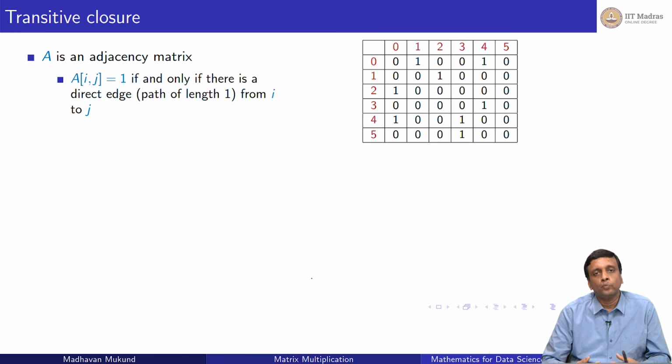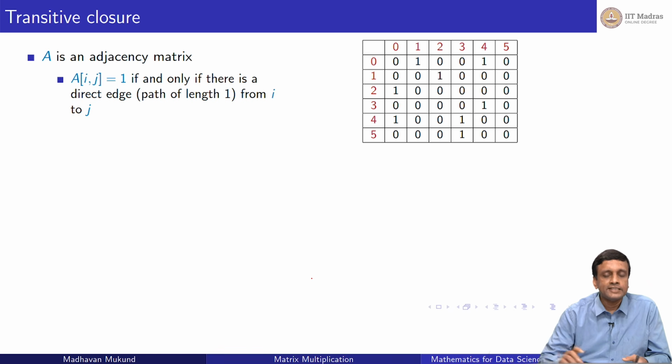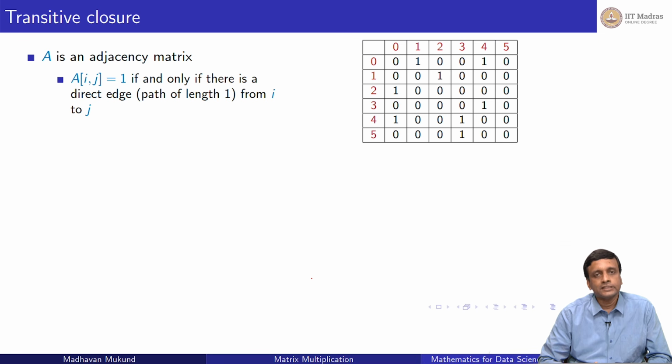So can we find out which pairs are reachable from each other? We started with an adjacency matrix. This is just some arbitrary adjacency matrix. We don't really need to worry about what this graph represents, because once we have the adjacency matrix, we can compute directly with it. The property that we know is that the adjacency matrix captures paths of length 1. In other words, direct relationships which were already given to us in the relation R we started with.